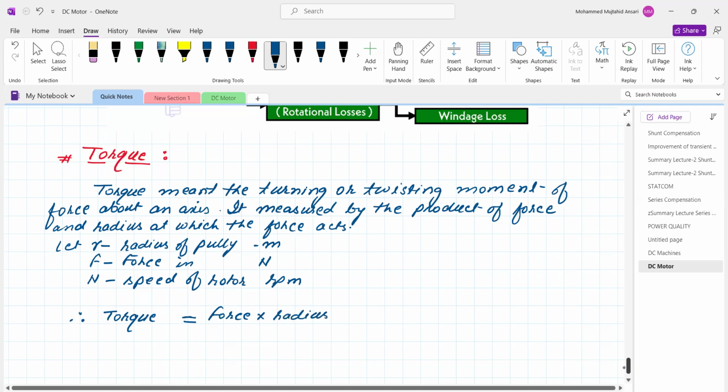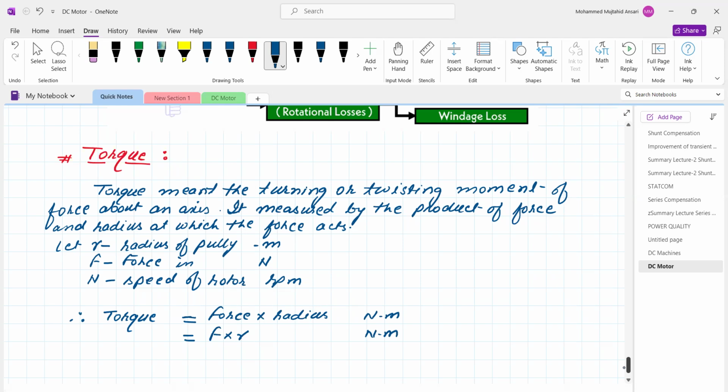As we have written, it is the product of force and radius at which the force acts. So it is in Newton meter, which is equal to force F into the radius. So this is the torque.